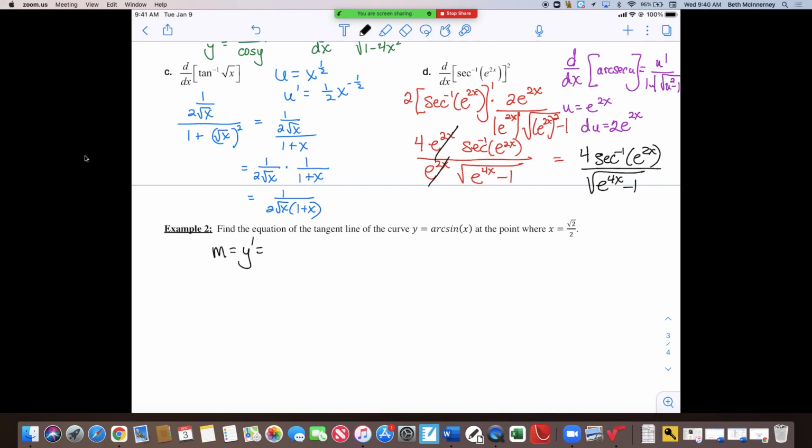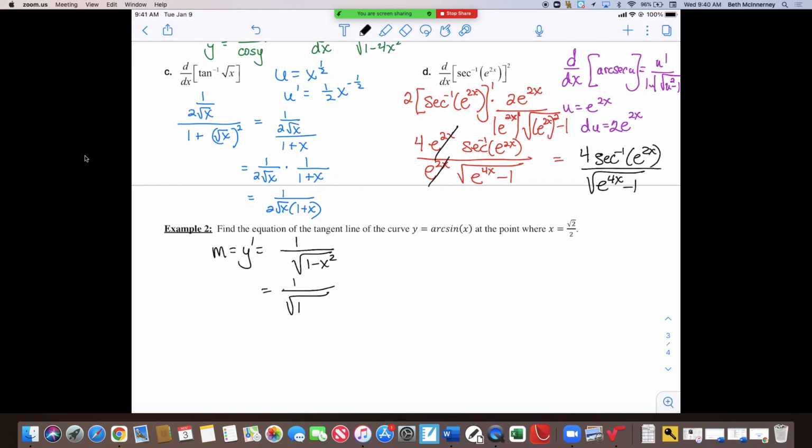Thank you. All right, so the derivative is the slope. So arcsine of x would be 1 over the square root of 1 minus x squared. And I'm going to plug in.